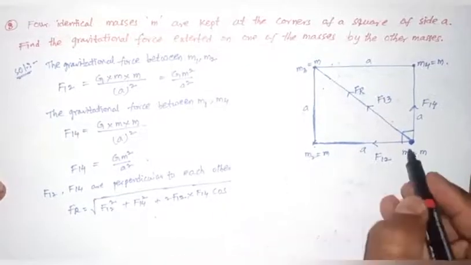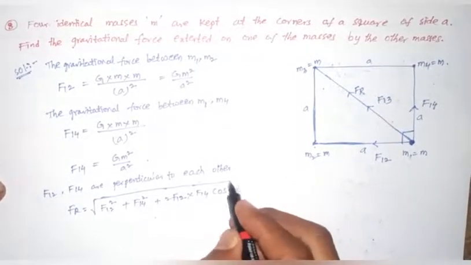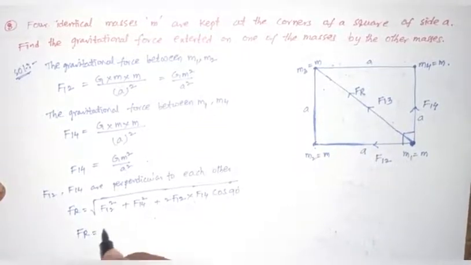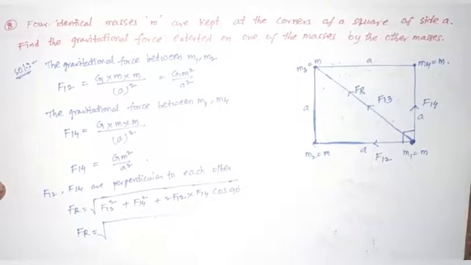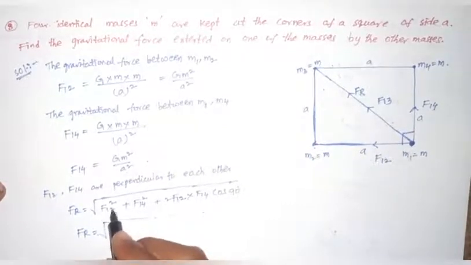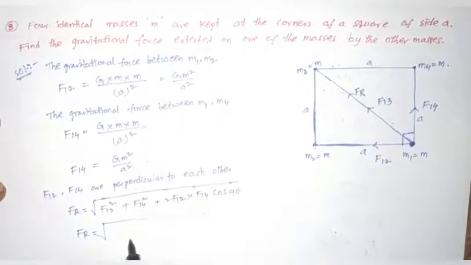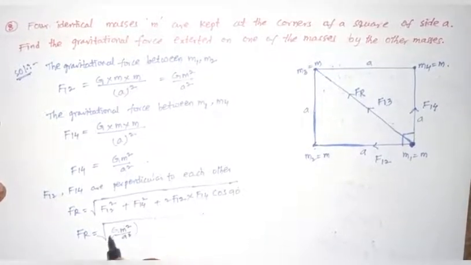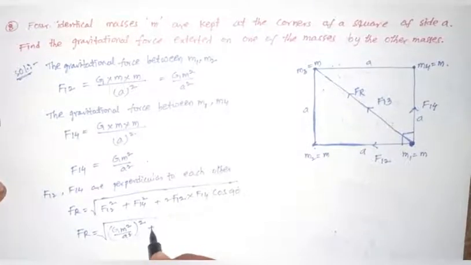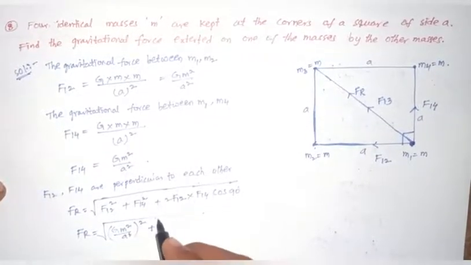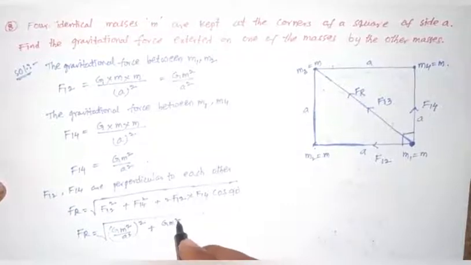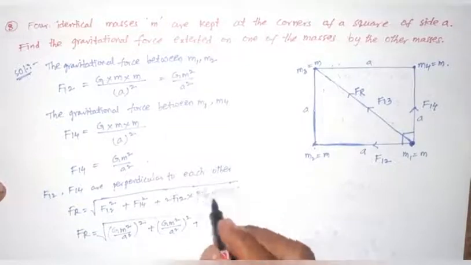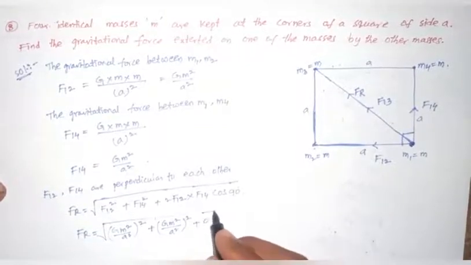So what is the angle here? Cos 90, and cos 90 equals 0. So Fr equals the square root of F12 squared, G m square by a square whole square, plus F14, also G m square by a square whole square, plus the cos 90 term, which is 0.